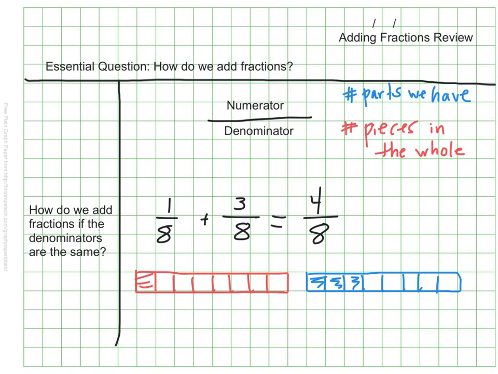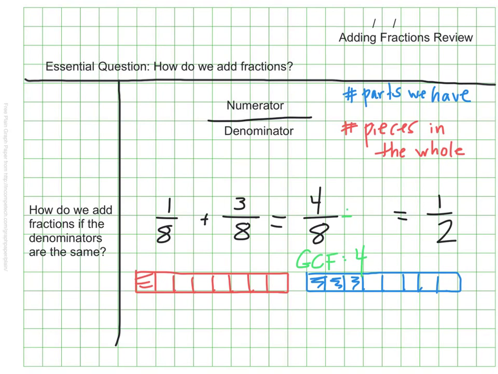Some of you are probably thinking, hey, that's the same as 1/2, right? And you're right. Remember our work with factors? We use factors to simplify our fractions. If I look at my fraction 4/8, I know that 4 and 8 have a common factor, and their greatest common factor is 4.